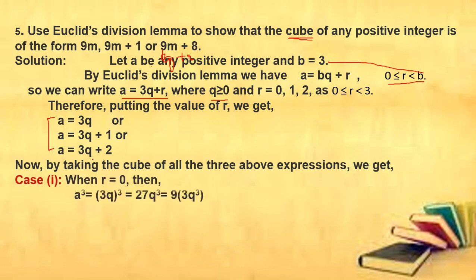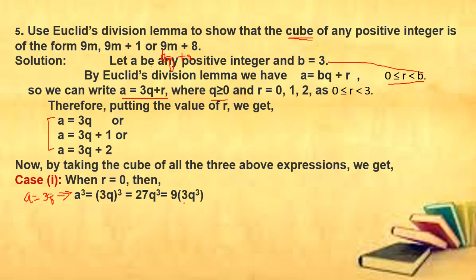When r equals 0, we have a equals 3q. Now we have to find the cube, so we take the cube on both sides. a cube equals 3q raised to the power 3, which becomes 27q cubed. Now 27 is 9 times 3, so we write 9 times 3q cubed.